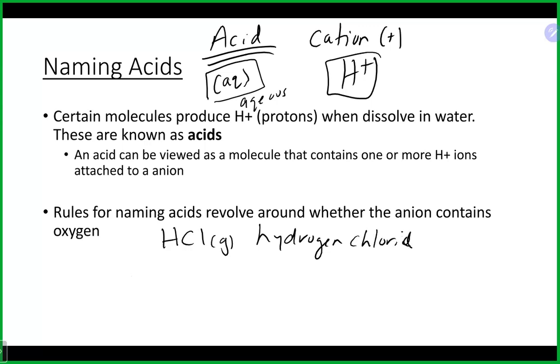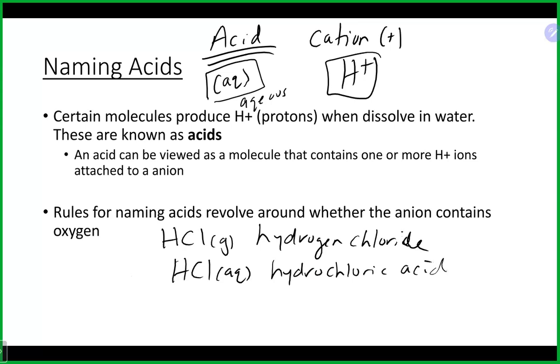Chloride, did I spell it right? Chloride. Now, if you bubble that through some water, it becomes an aqueous solution, HCl (aq), and now it becomes an acid, which is hydrochloric acid.